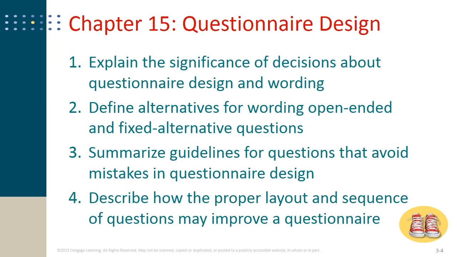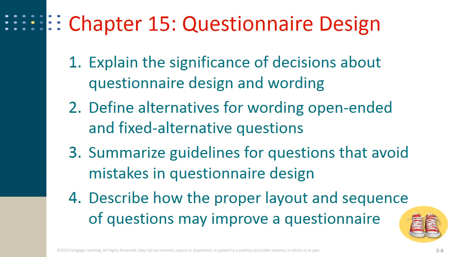And then chapter 15 has to do with questionnaire design. And so we're going to talk about the significance of decisions about questionnaire design and wording, how things just like the wording of the questions or the design of the questionnaire can impact the results and create error if we're not careful.